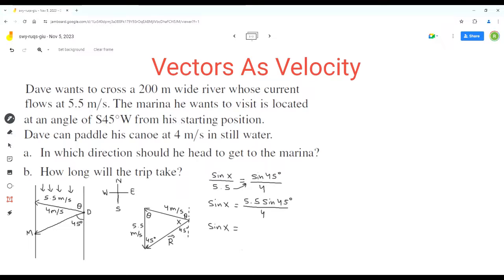Now we can evaluate this term. So I got, now we can do the inverse of sine. So I got almost 76.5 degrees.